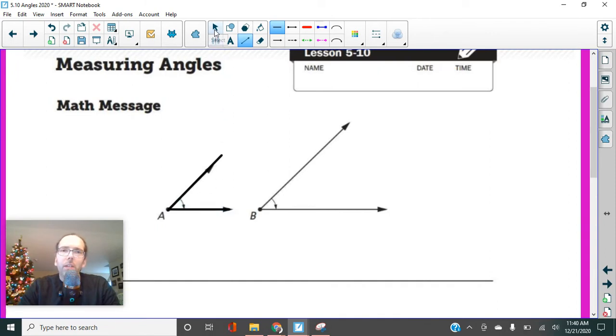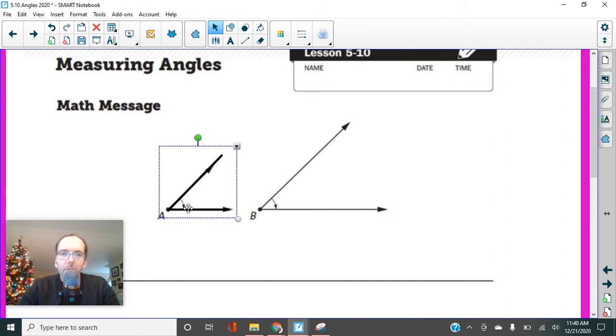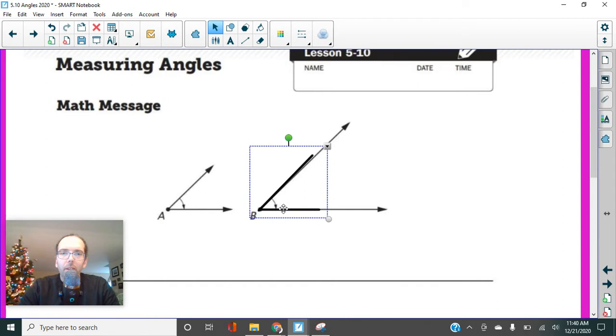An angle is how far something turns or how open it is. Now, if I group these together and move them over here, watch what happens. What do you see? Let's get it right on. I'm a little bit off still. There you go. What do you notice?